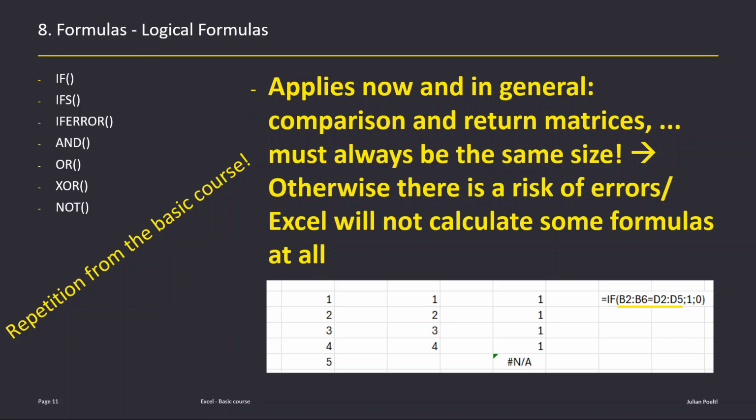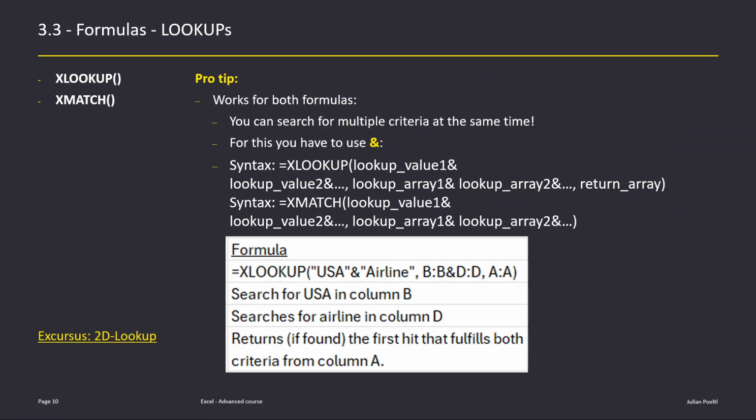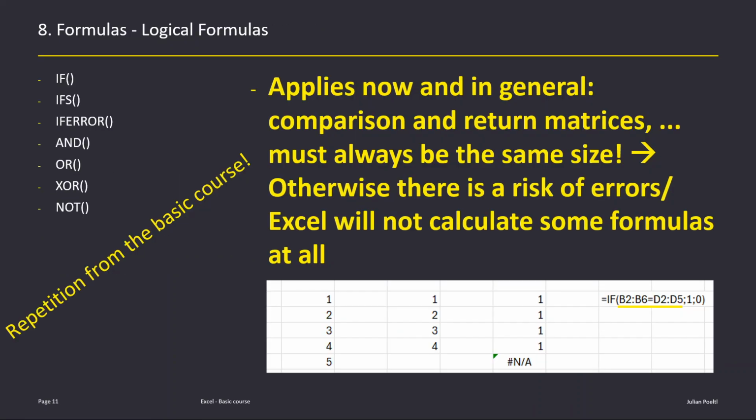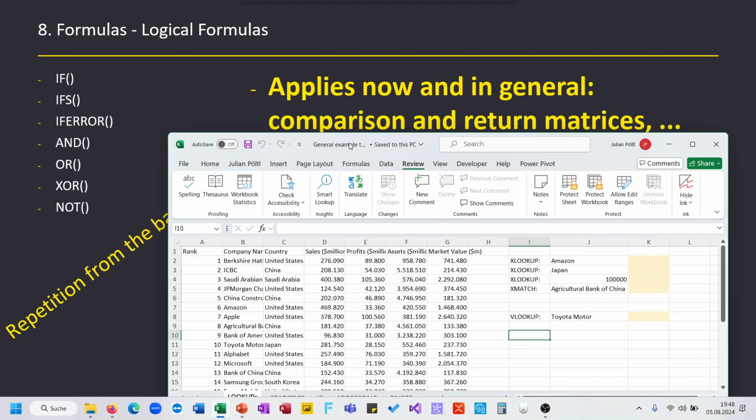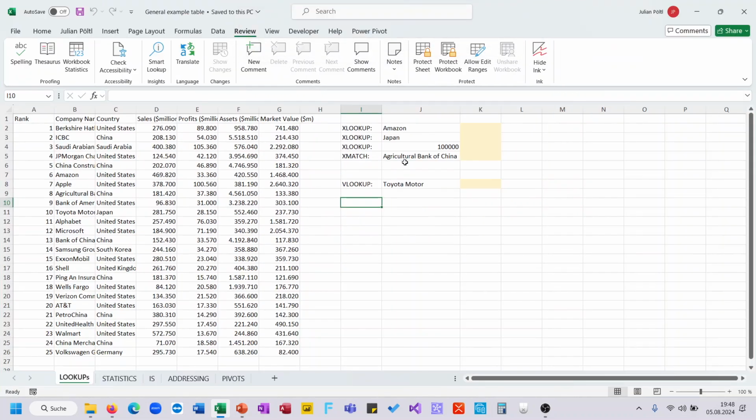Your comparison and return matrices should be the same size, otherwise you will have an error. So the return array and the lookup array for the XLOOKUP function should be the same size. Before we come to the exercise, I will show you this function in Excel.